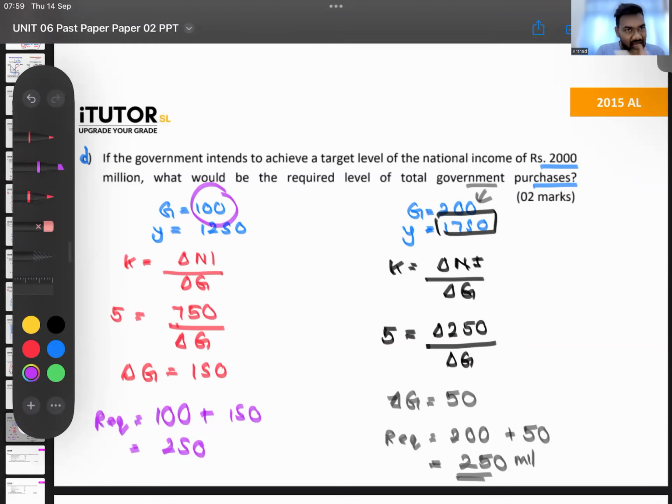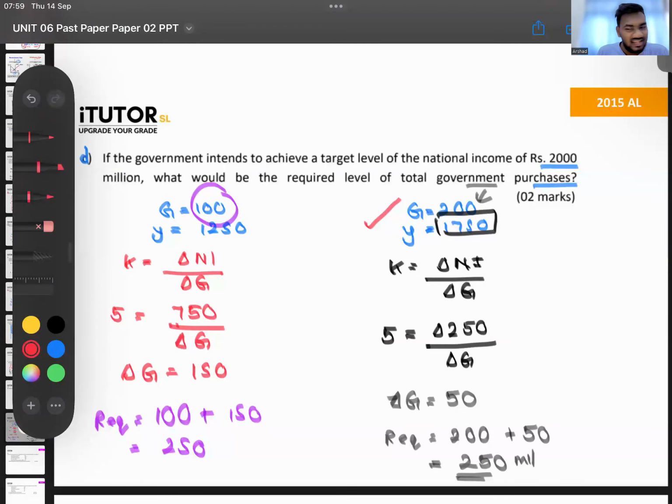Whatever method, whether you start at 1250 or 1750, your final answer that government spending has to be 250 doesn't change. But it's more correct, I would say, to go with 1750. Is that fine, guys? That's one of the easiest 8 marks that you can get.